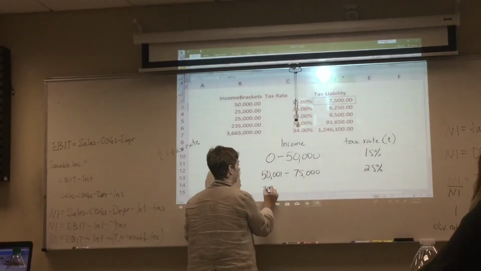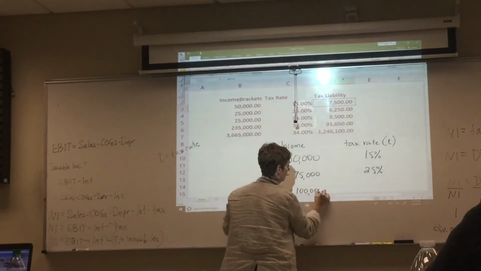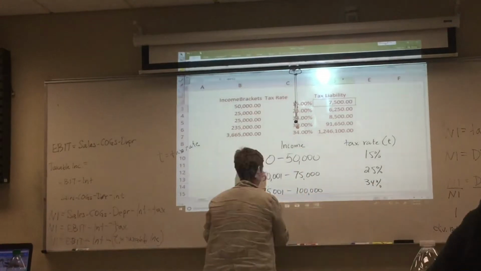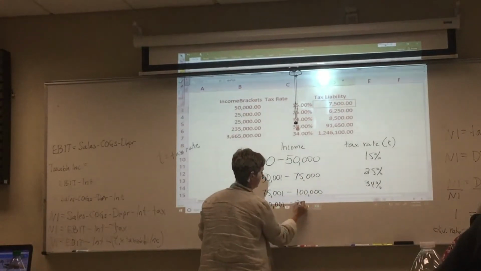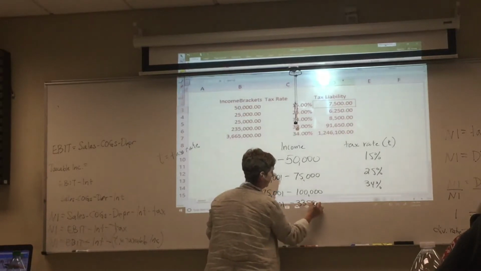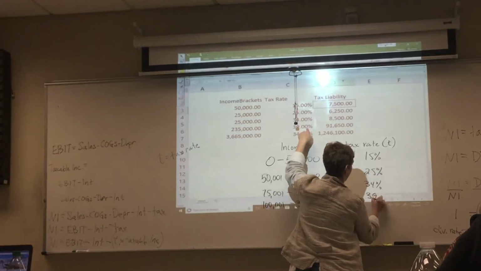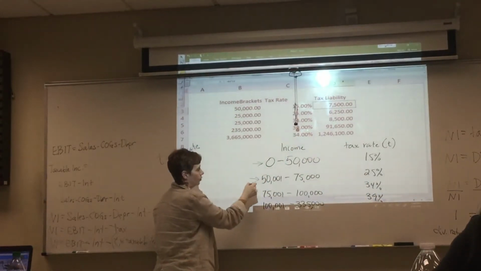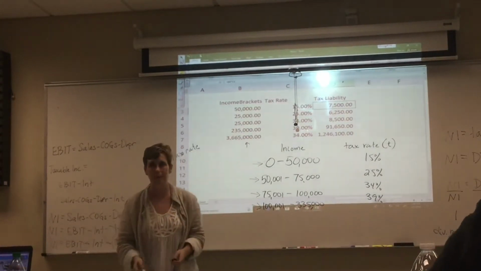And then 75,000 and $1 to 100,000 is taxed at 34%. And then 100,000 and $1 up to 335,000 is taxed at 39%. Getting these translated into that column is where people make mistakes.